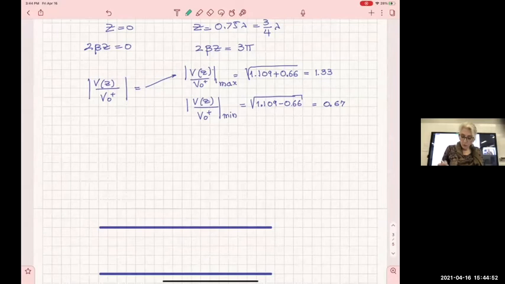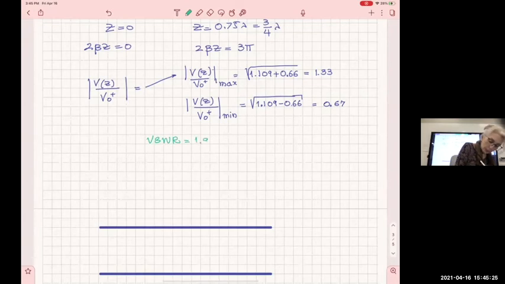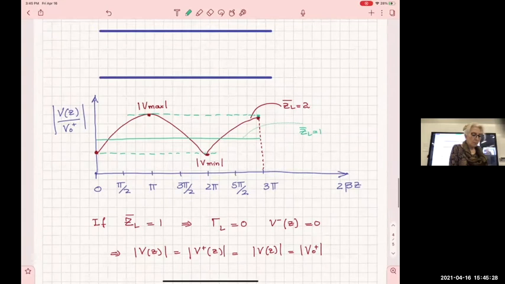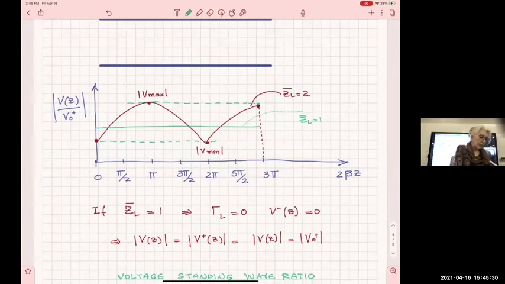So if I do 1.33 divided by 0.67, it is 1.98. So VSWR here is 1.98.